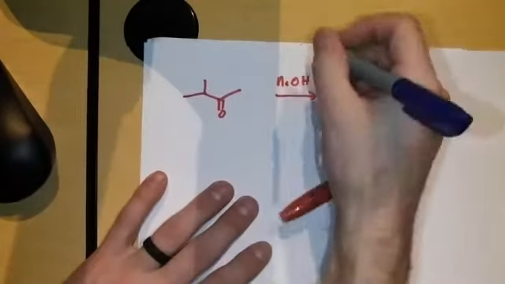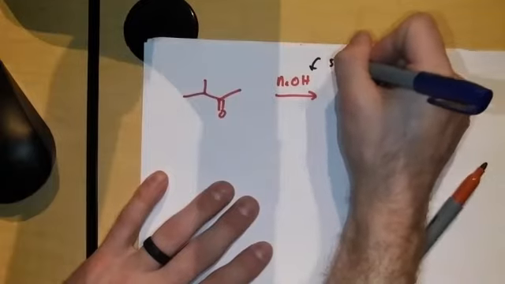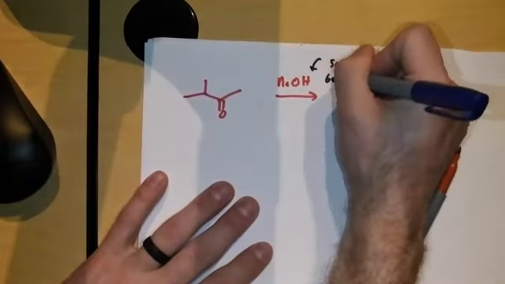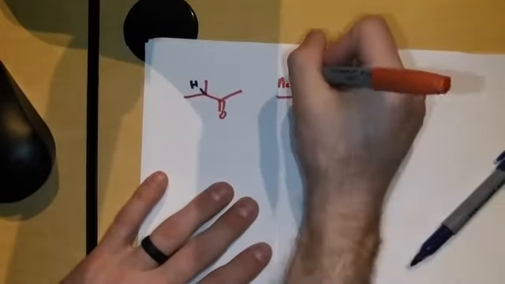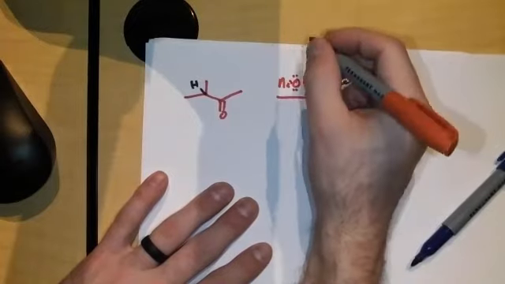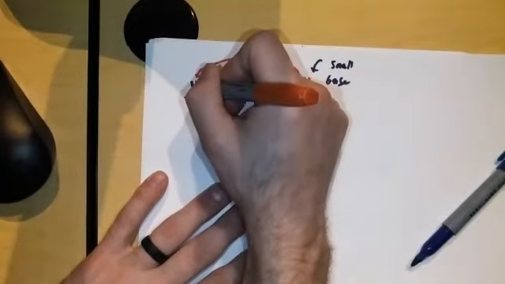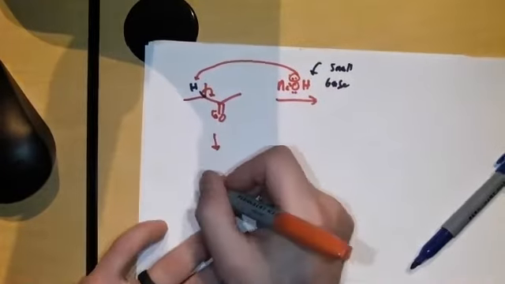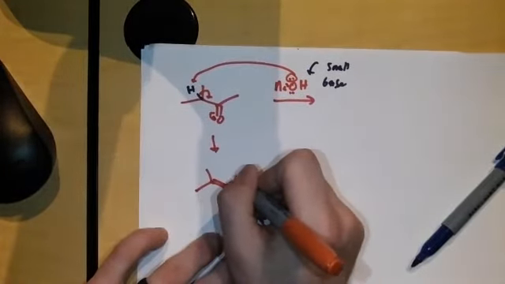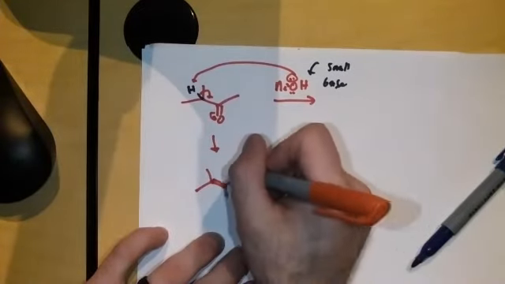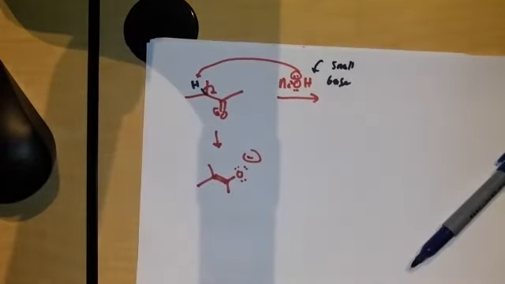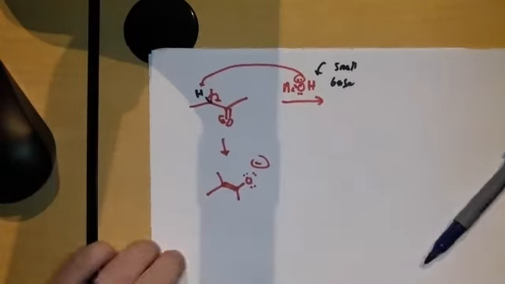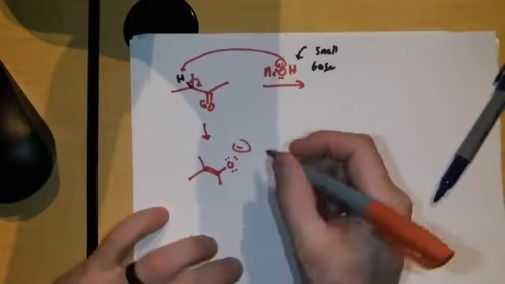So we have a small base, which means we're going to form an enolate here. It looks like I gave you something to attack, which is another ketone.